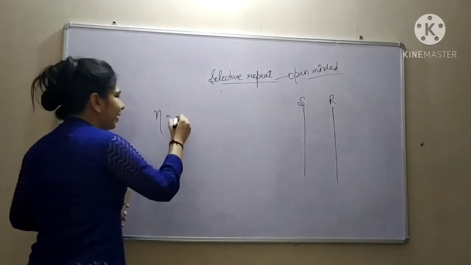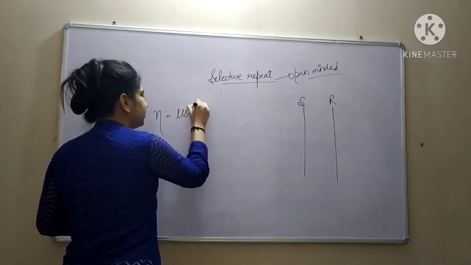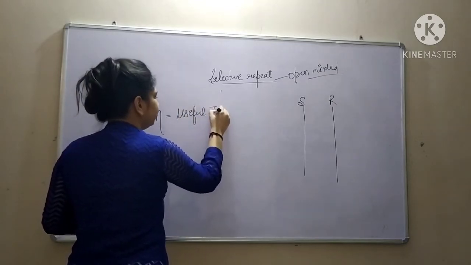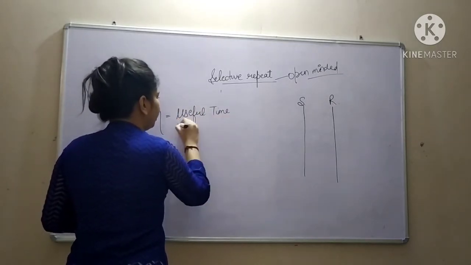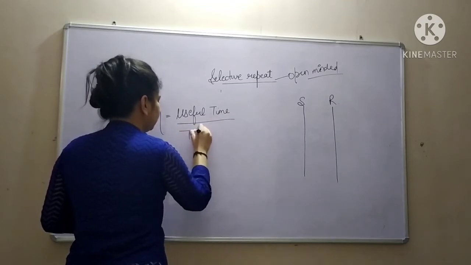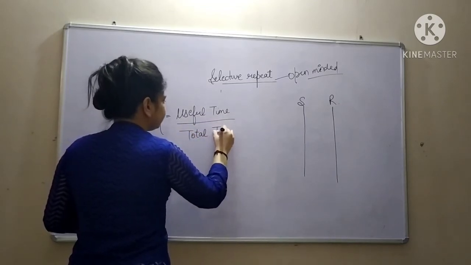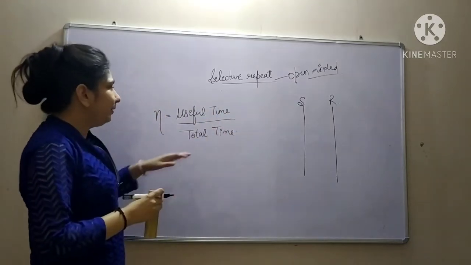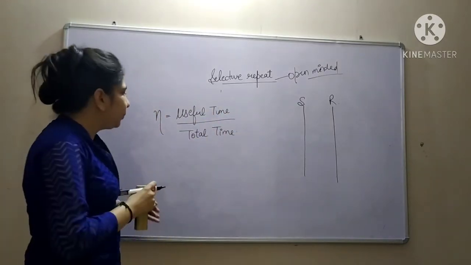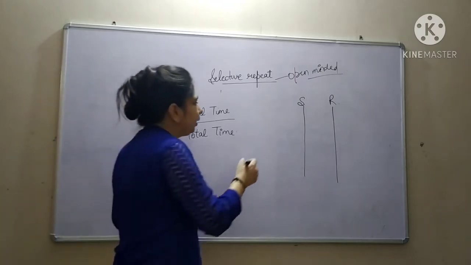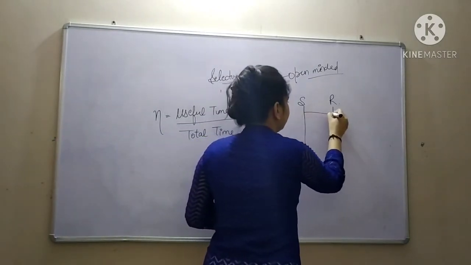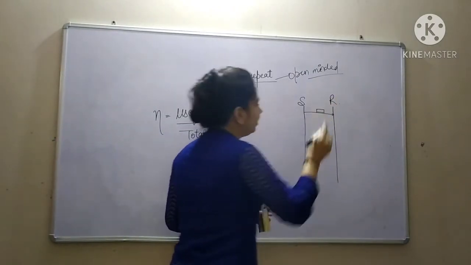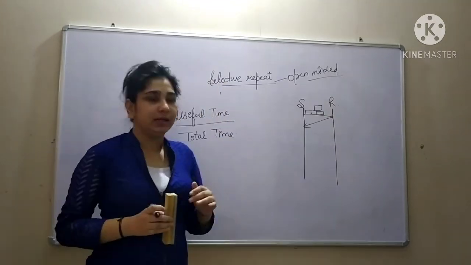So what is the efficiency? Efficiency is basically useful time upon total time. How much useful time are we having? Initially we transmitted only one packet on the channel.